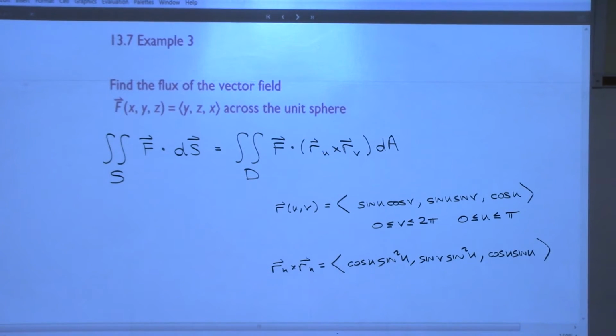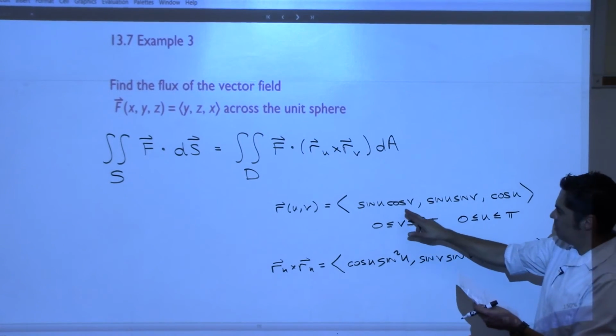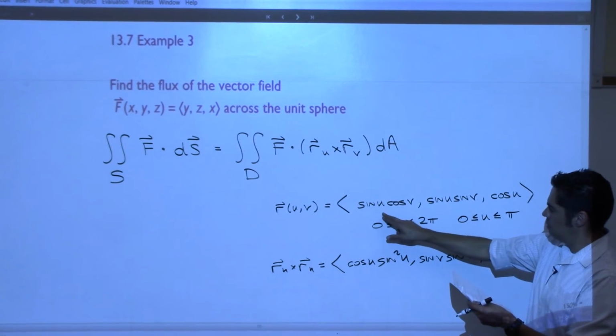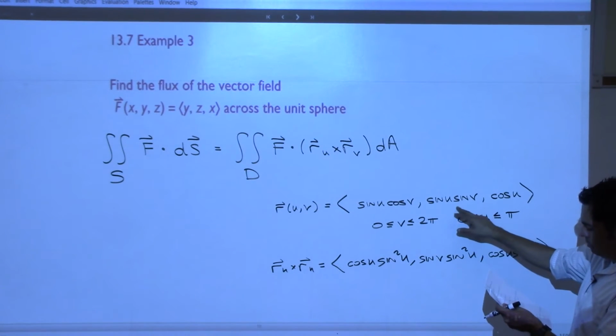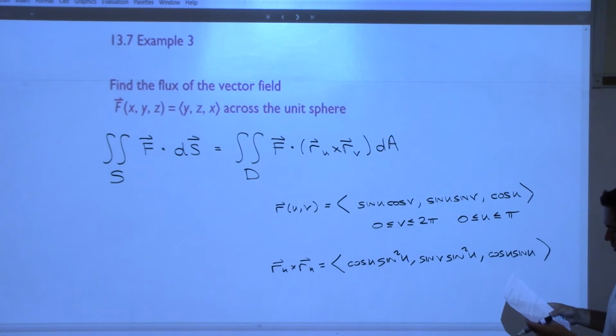I thought it was cosine of v, sine squared u. Okay, see, this is where I knew we would run into a problem. Hold on. Cosine v, sine squared u, and then it was sine squared.